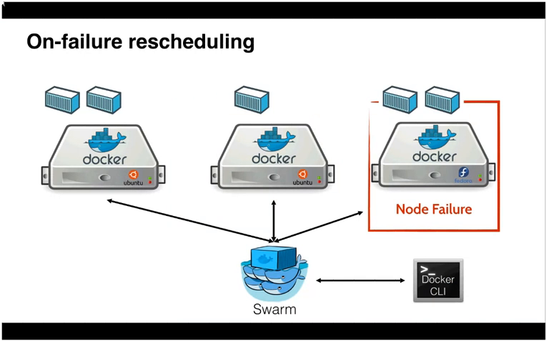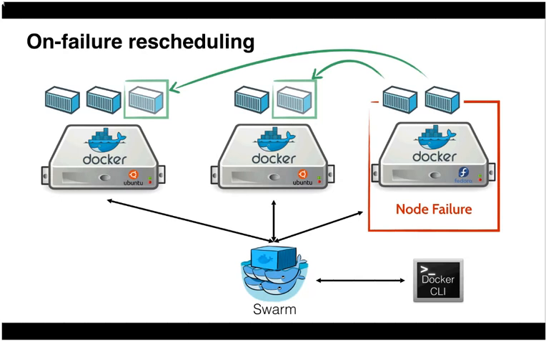So let's talk about rescheduling. When you have a node failure, what you want to do is basically something like this: move the containers that have failed on one of your nodes and try to reschedule them onto other nodes. If there are no resources available, then we will fail, but at least you need to try, right?